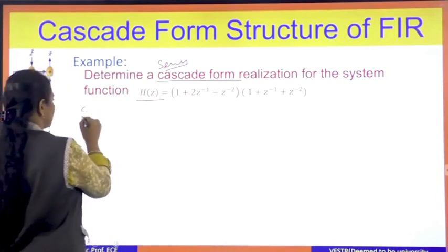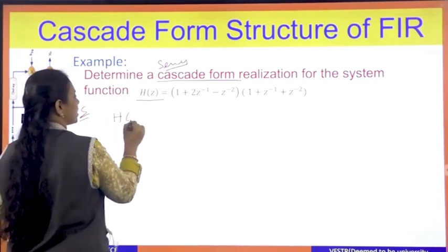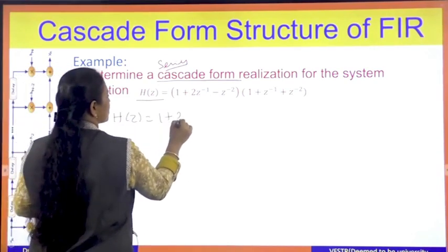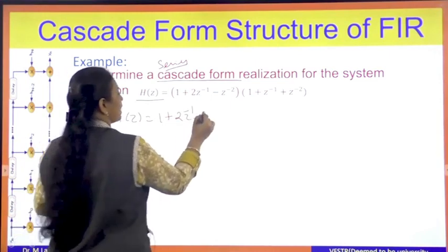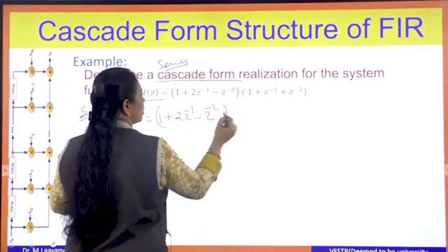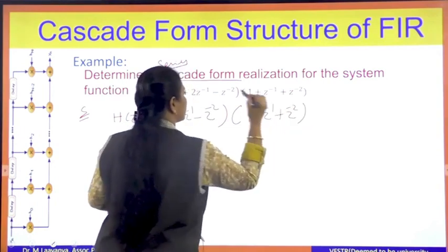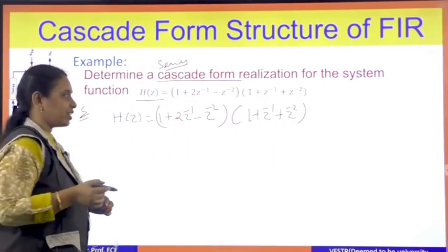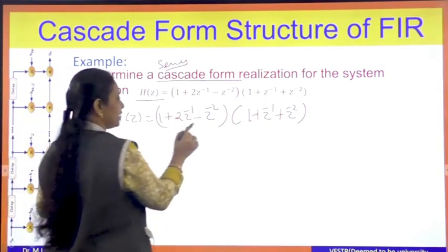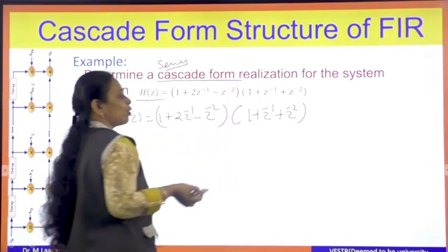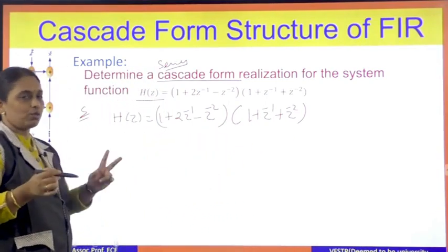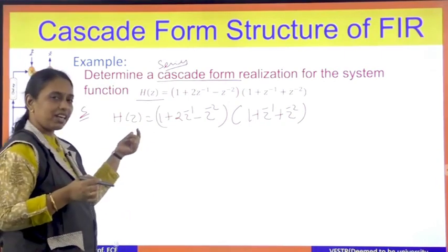So let us see that. What is your given h of z? 1 plus 2 z inverse minus z power minus 2 into 1 plus z inverse plus z power minus 2. This is what they have given, and if you see here already it is divided into 2, so no need to divide it. At least 2 divisions should be there for a given h of z.